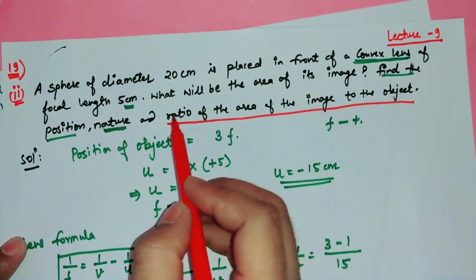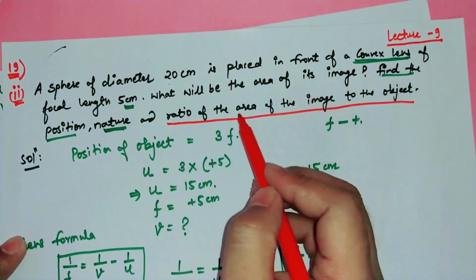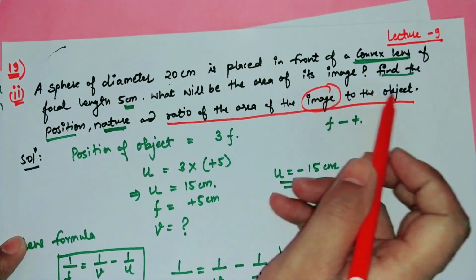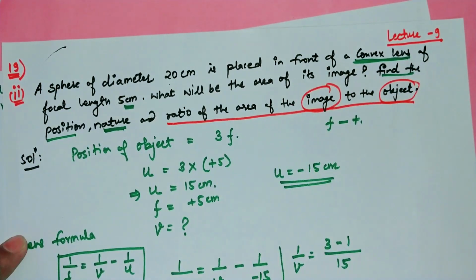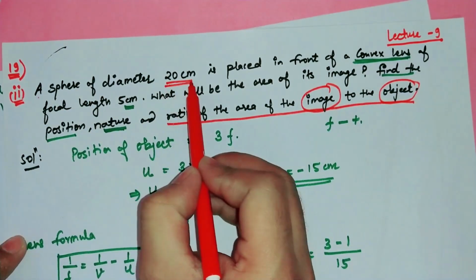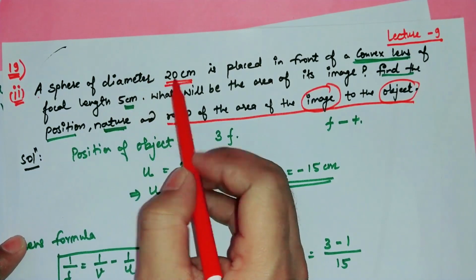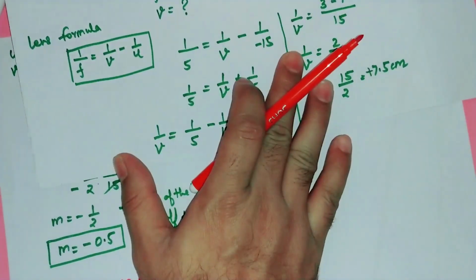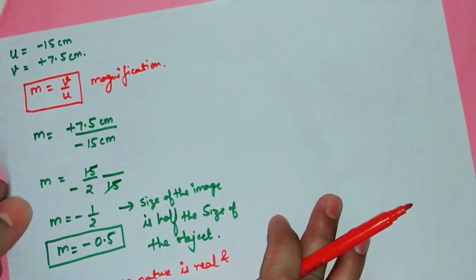Now we also want to calculate the ratio of the area of the image to the object. First we have to calculate the area of the image, then the area of the object. A sphere of diameter 20 centimeter.